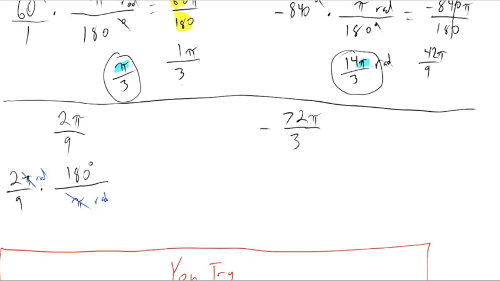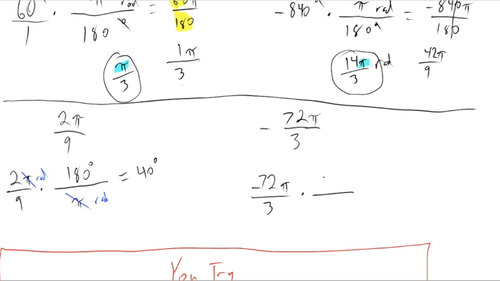We would just do 2 times 180 divided by 9, and we get out 40 degrees. So we can try the next one too. Again, we have the radians of 72 pi over 3.